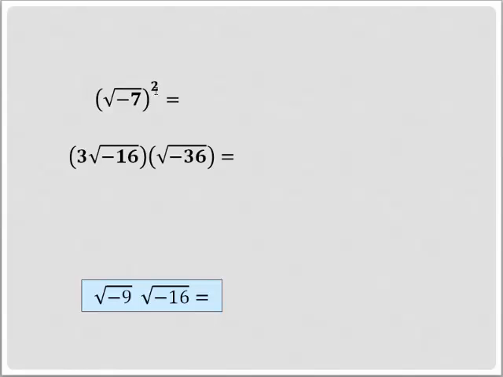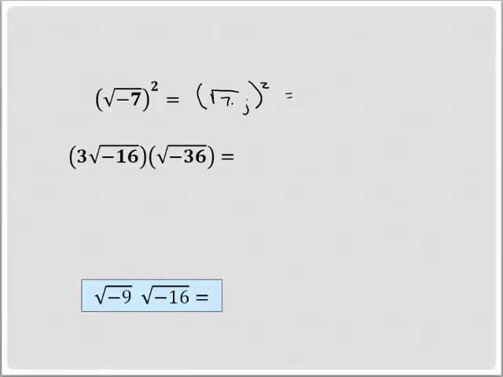Here we have the square root of negative 7 squared. Let me just step this through. What we have is the square root of 7 j squared. So I took the negative 1 outside and put it as j. Now what do I have?